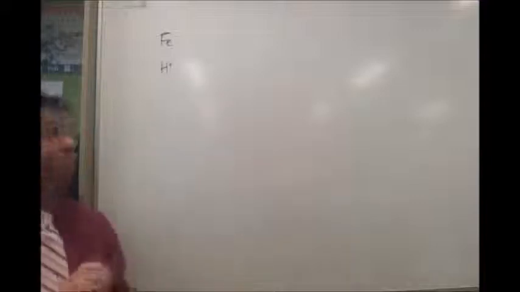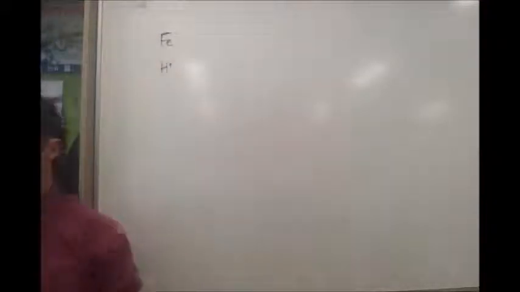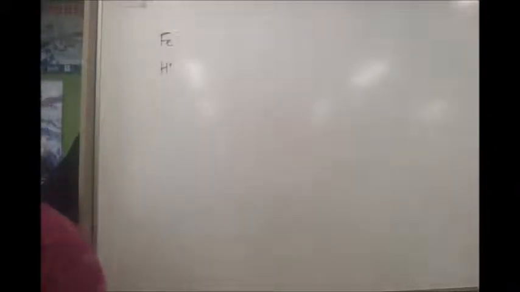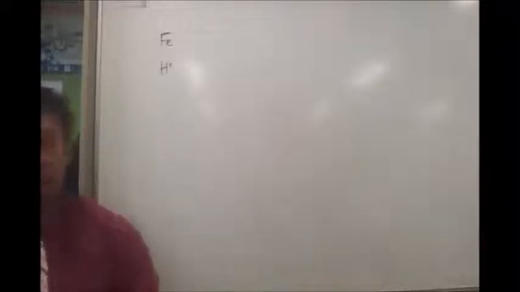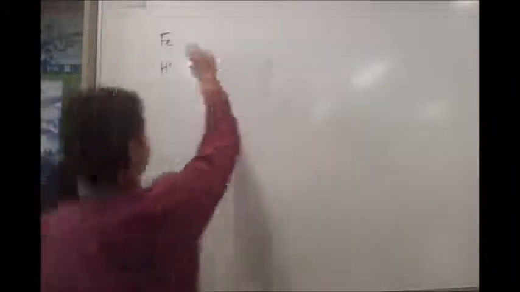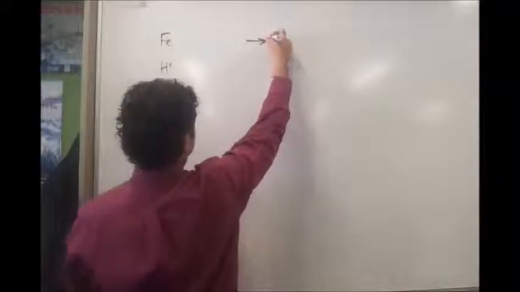GER, G-E-R, not G-R-R, gains electrons reduction. So we're doing half equations to find out which one's gaining electrons, so it has electrons as a reactant, which one is losing electrons, so electrons are products. We then did a little test on the resulting solution and found that it made iron 2. So the Fe was being turned into Fe2+.